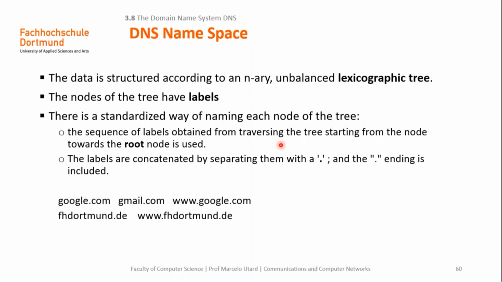The sequence of labels obtained from traversing the tree, starting from the node towards the root node, is used. Typically, we start from the node to the root. That is, the root is on the right side of the name. The labels are concatenated by separating them with a dot, and the ending dot is included.